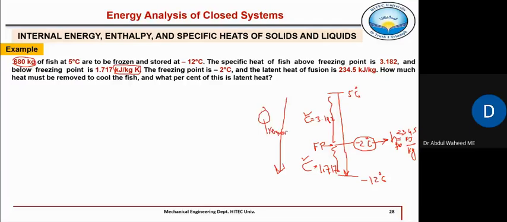Because once we know how much Q is to be removed to cool 680 kilograms of fish from 5 degrees Celsius to minus 12, then we can design a refrigeration system which can remove this much heat.